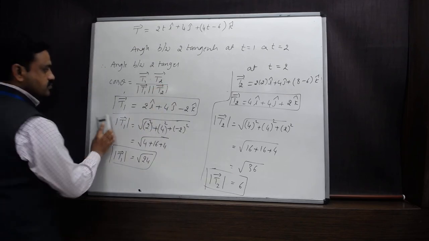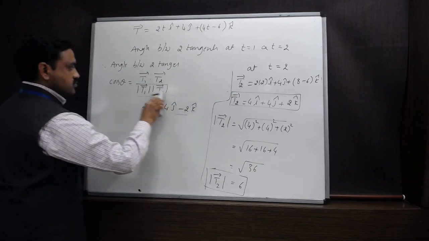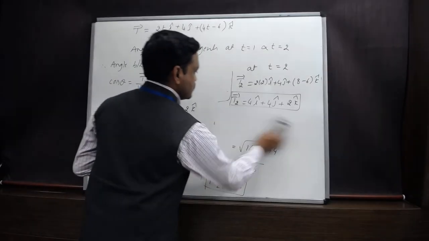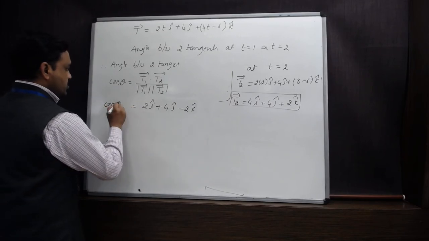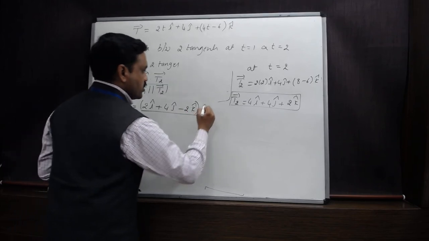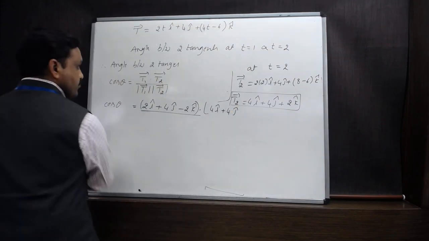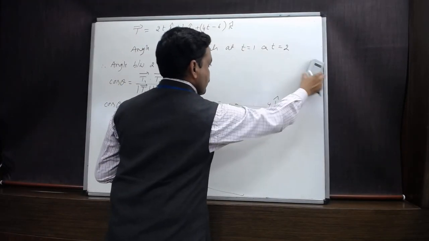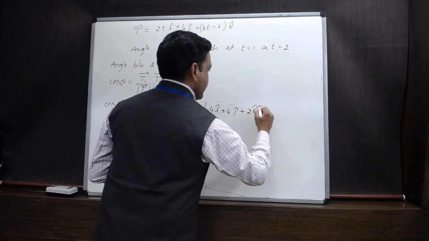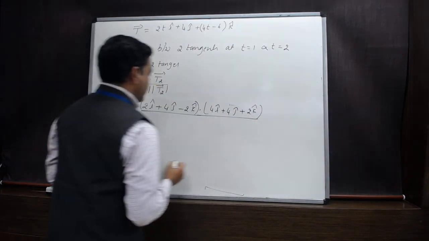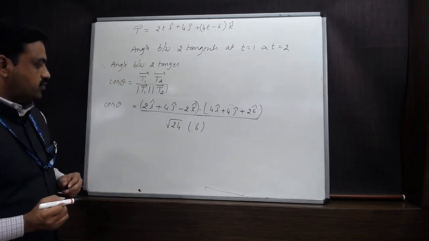So cos theta is equal to, this is T1 dot T2, that is 4i cap plus 4j cap plus 2k cap, divided by magnitude of T1, root 24, into magnitude of T2, which is 6.